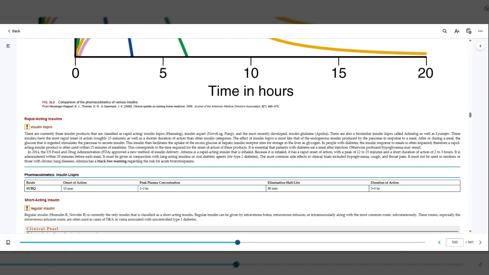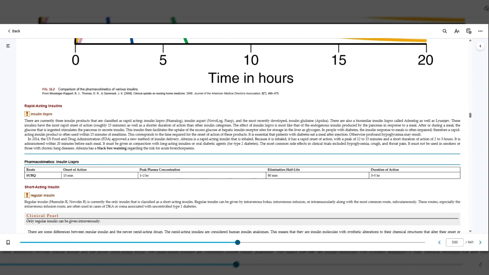Note that before you give your insulin, usually we have to check this with 2 nurses before we give it to our patient. And we'll also want to know what that patient's blood sugar is. So note what their blood sugar is, check your dosage with 2 nurses, and then make sure that we have a meal available for them quickly because we know that's going to drop their blood glucose fairly rapidly.